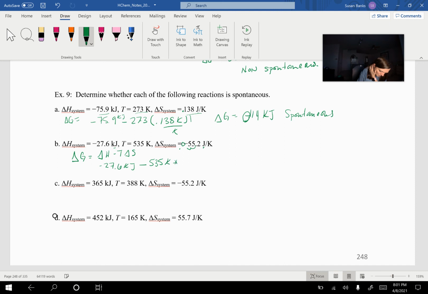And then we're going to multiply it by negative 0.0552 kilojoules per Kelvin. Okay, our Kelvins cancel out and we're left with kilojoules. When we calculate that out, we get 1.93 kilojoules. Now that's positive. So that is non-spontaneous.